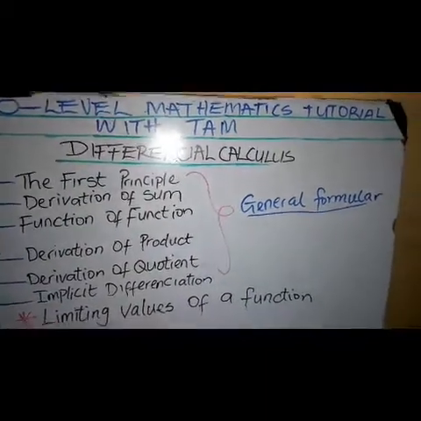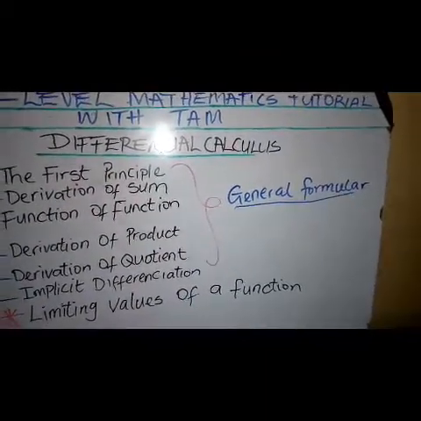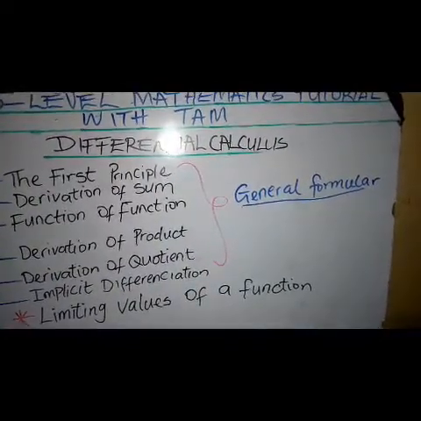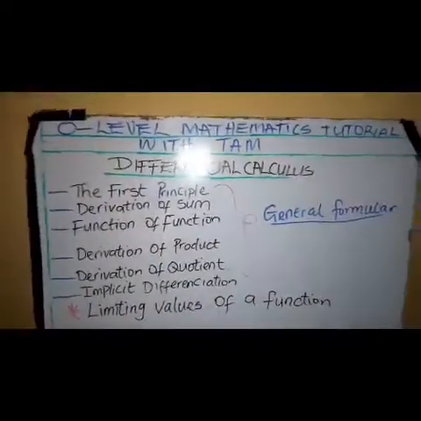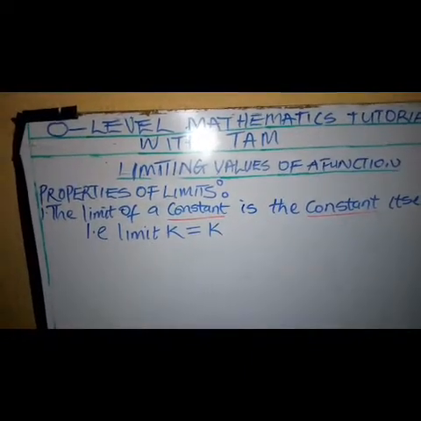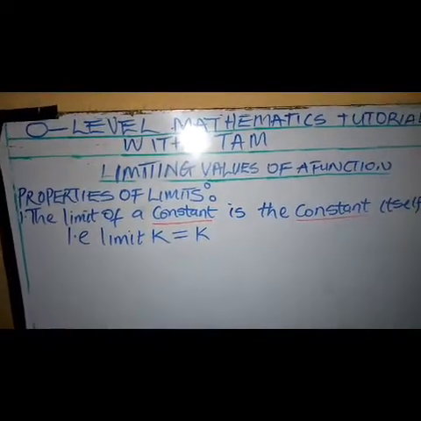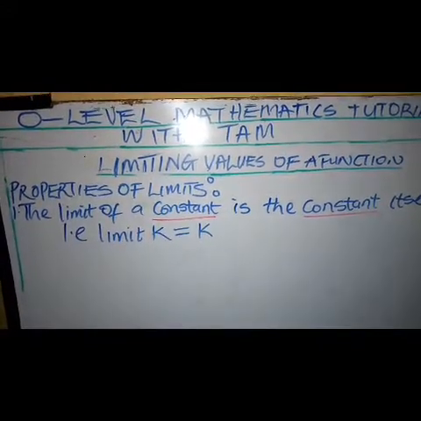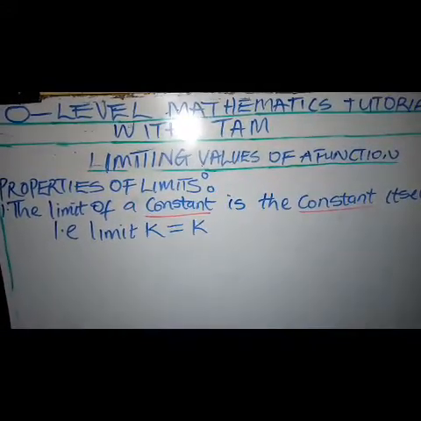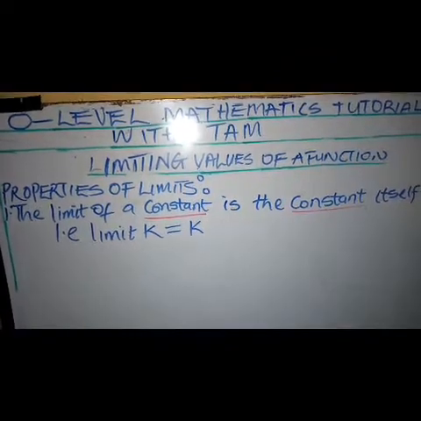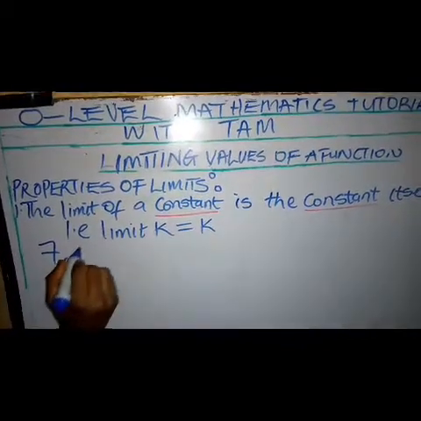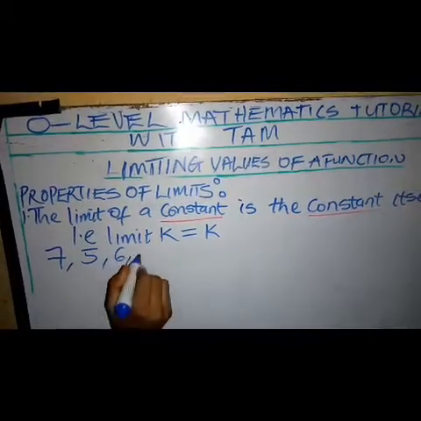But before we go to the general formula, let's discuss limiting values of a function. It's very important. Properties of a limit. We have six properties of a limit. The first property is that the limit of a constant is the constant itself. That is, for example, the limit of k is equal to k. Examples of a constant are 7, 5, 6, and so on.